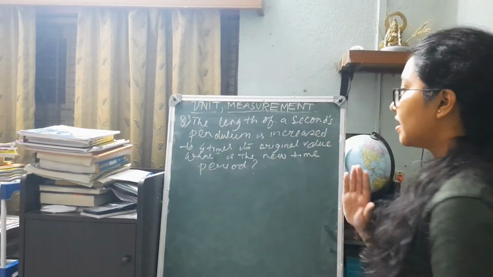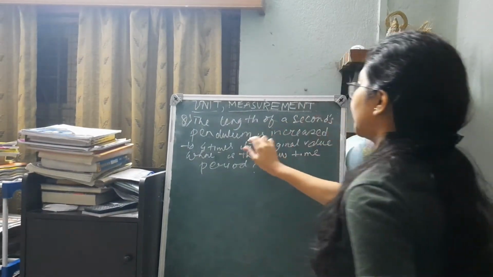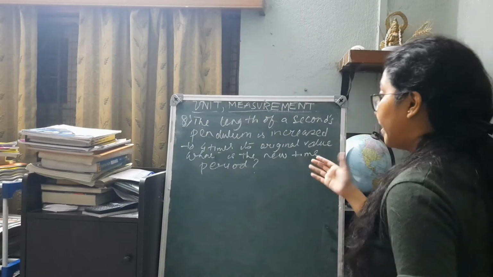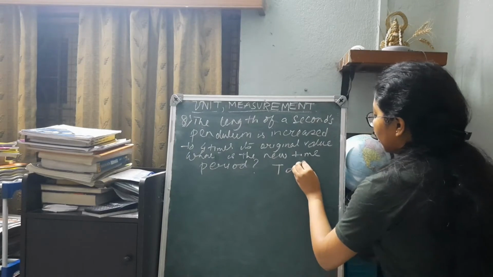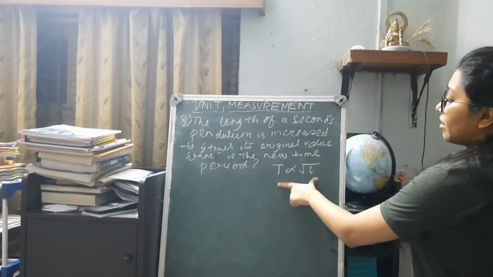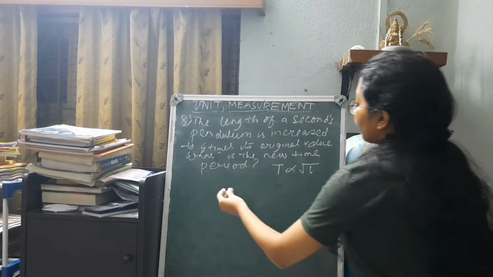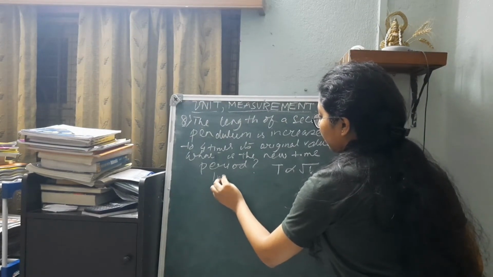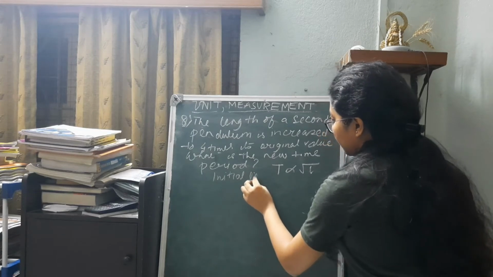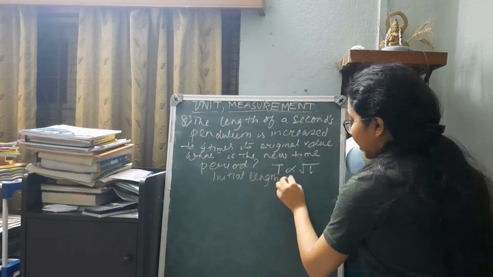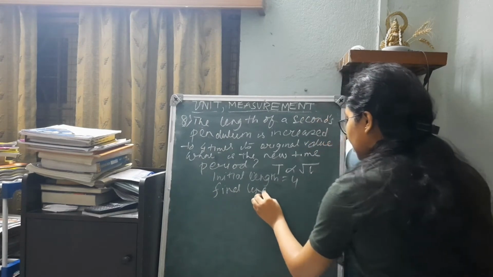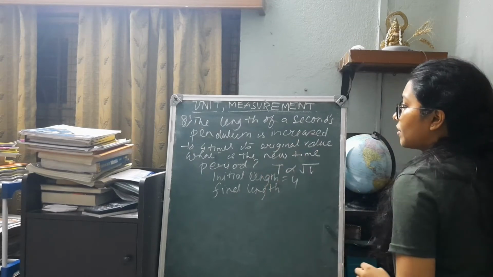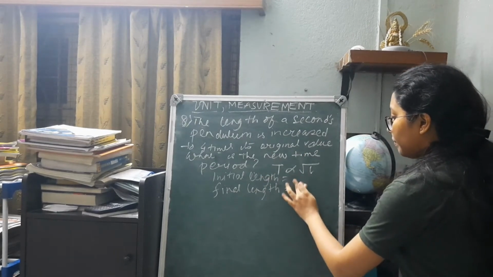In the second question, it has been given that the length of a second's pendulum is increased to 4 times its original value. Then what is the new time period? Applying the same relation, time period is proportional to root under L. If I consider the initial length as L1, the final length will be 4 times L1, because it has been increased to 4 times the original value.